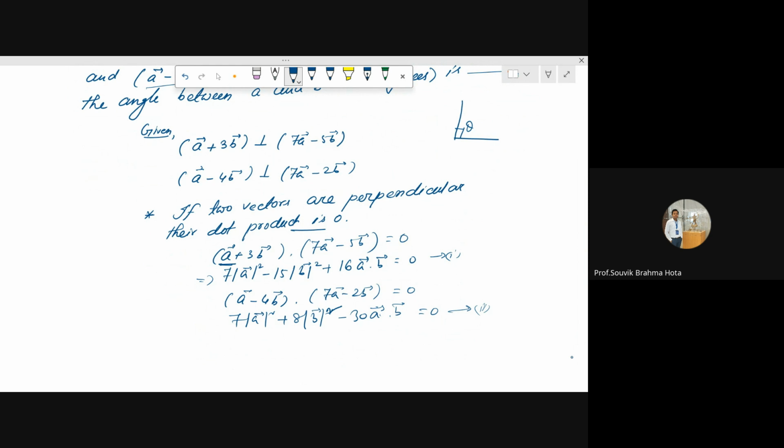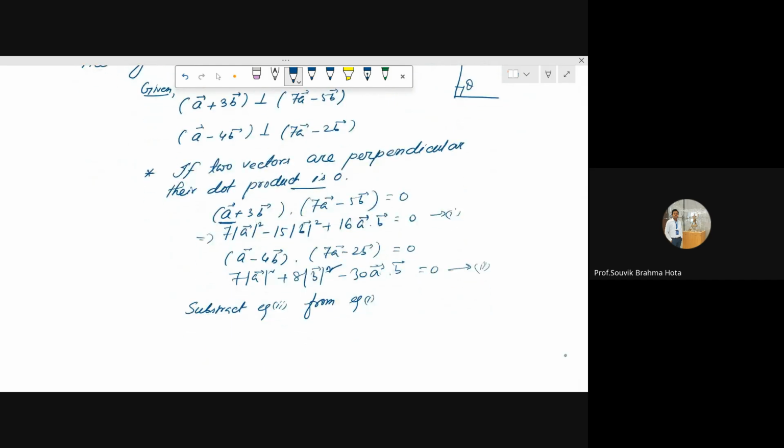So first thing is that if both the equations we have derived, then subtract the second equation from the first equation. So subtract equation 2 from equation 1. What you should get?